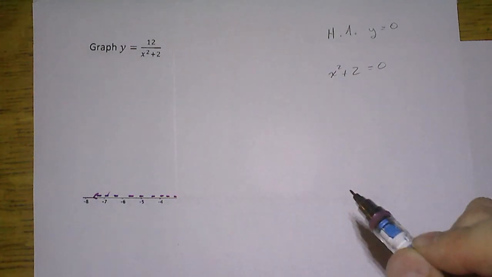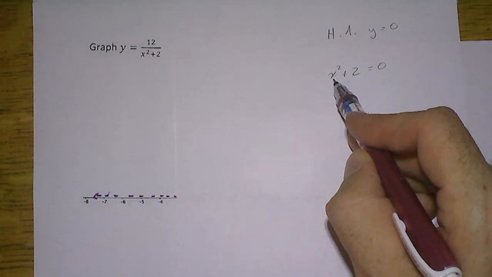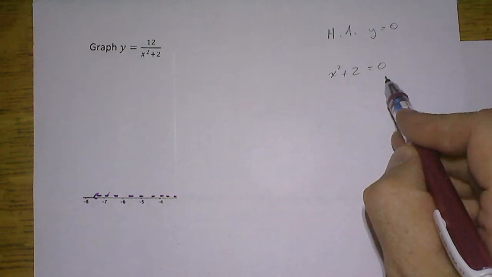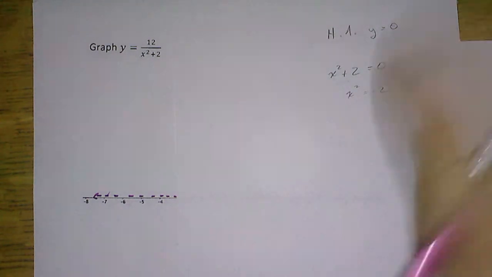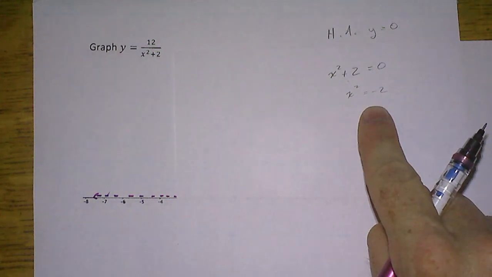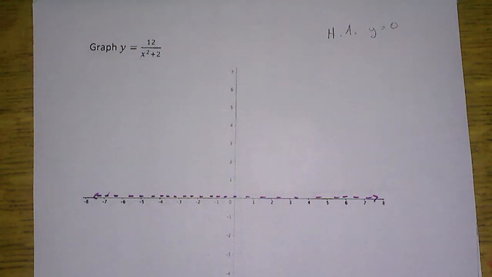Well, it's never equal to 0, because when you square a number, it's always positive, and a positive plus a positive is never going to be equal to 0. But if you decide to carry it a step further, perhaps you're like, when is x squared equal to negative 2? Never. A square cannot be negative. So really, all I have is a horizontal asymptote at y is equal to 0.